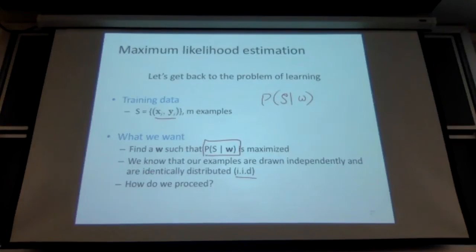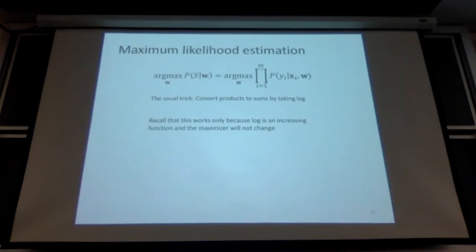You write them as a product of probabilities given W. Right. A massive product over all the examples. Because all our examples are independent, S is really the shorthand for this entire set. So we just have this big probability and we have the IID assumption, so we just break it up. Okay? So that's what I've done.